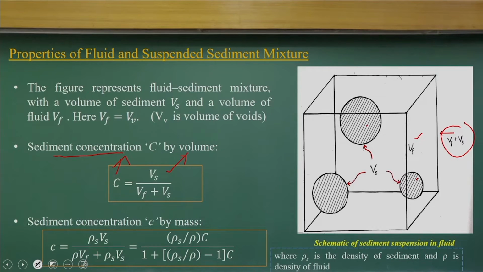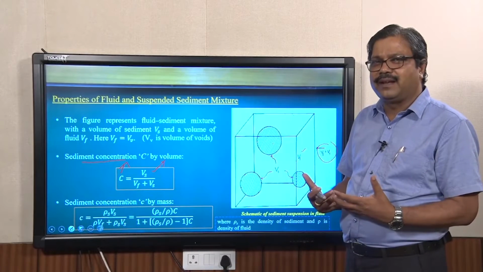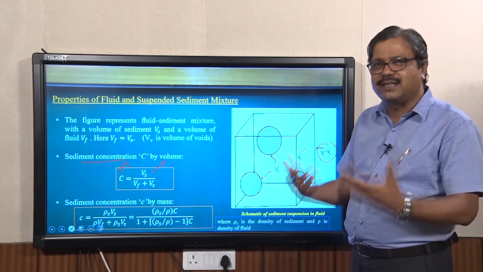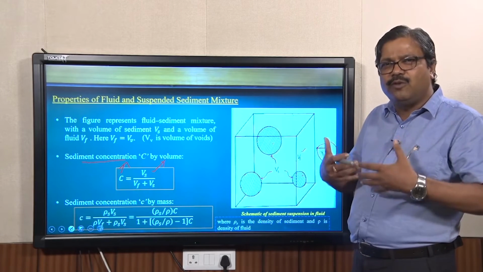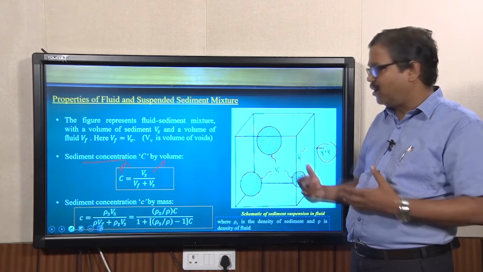That's very basic. Most of the time we do not work at the volumetric level; we do the analysis with mass conservation, momentum, and energy equations, so we always link with mass, not volume.